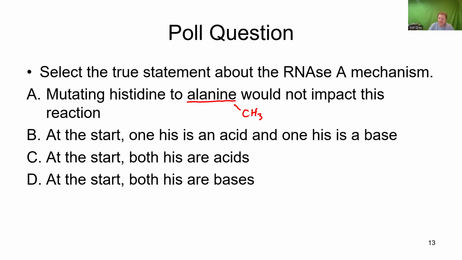So does RNase A have to be made up of histidine? Melanie's reading my mind. One thing that I just want to clear up, just so no one else interprets this incorrectly: the entire protein is, I think, like 250 amino acids long, and it's got every single amino acid in there.